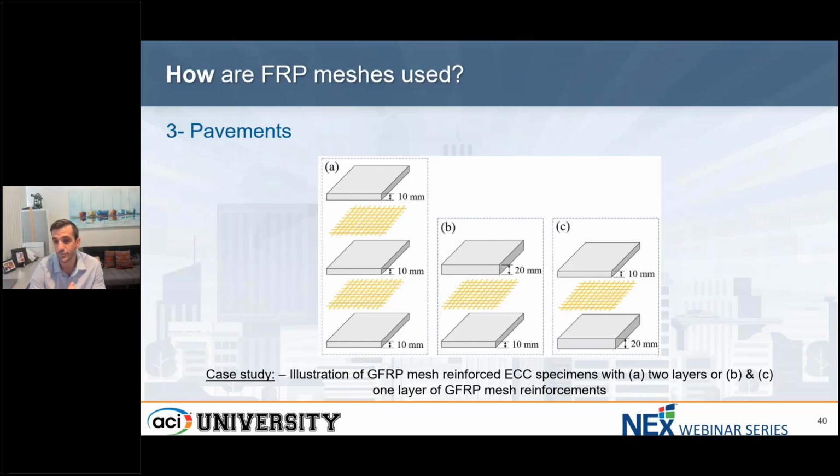While this has primarily been at a research level, the results so far show that there's a significant benefit. And in this case, obviously, the use of FRP meshes is primarily guided by its corrosion-resistant nature, coupled with the ability to reduce the material in order to have an overall resistant pavement structure.